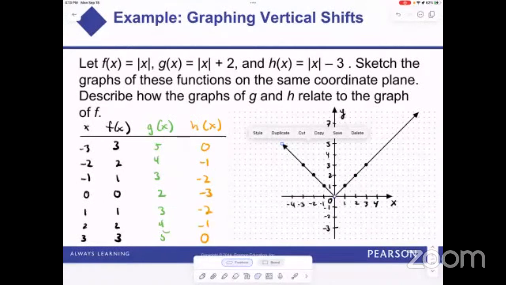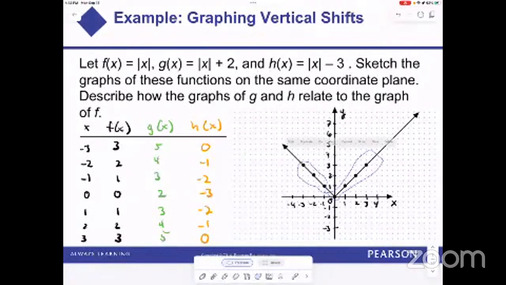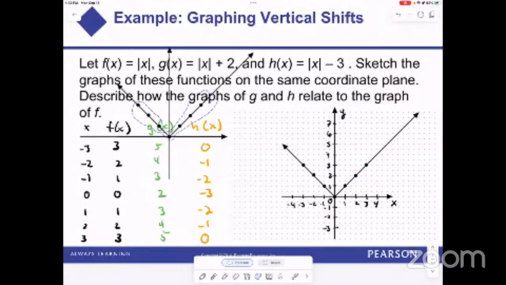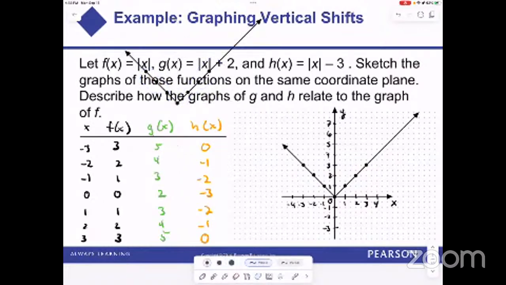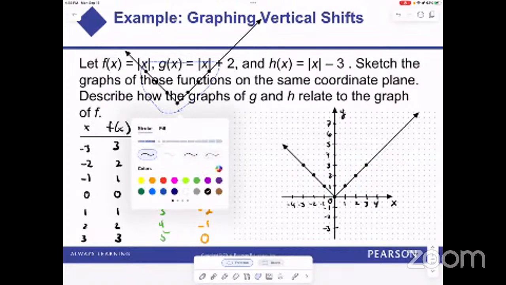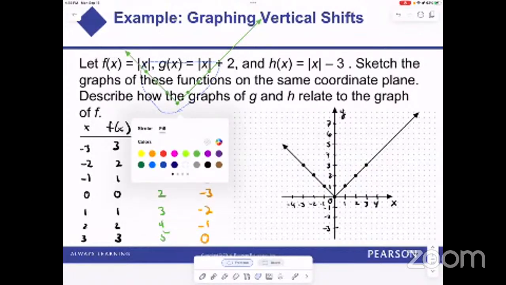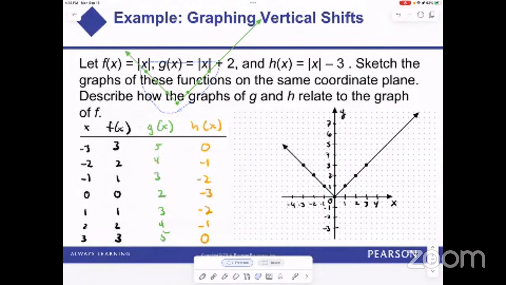Okay, so then for g, let's do it like this. And we'll get rid of what we don't need. And let's change this to green. Okay, and let's copy.